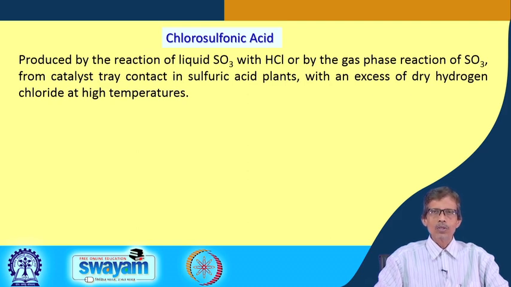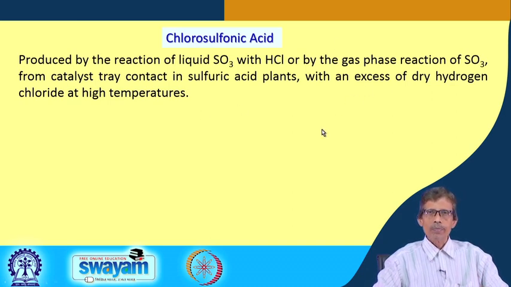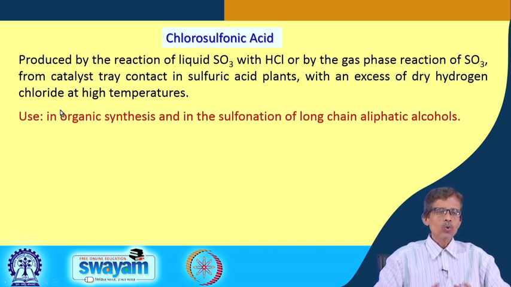The only thing is that you have to introduce HCl as a gas, and with an excess of dry hydrogen chloride at high temperature. So, the reaction for this particular conversion is fast enough at high temperature, and you must have it dry, no moisture, no water vapor in it. So, dry hydrogen chloride can react with sulfur trioxide, giving you chlorosulfonic acid.